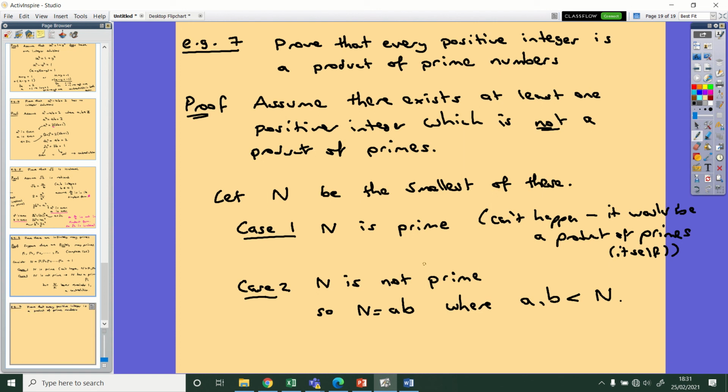Okay, so now let's think about what we can say about A and B. Well, A and B are smaller than N, and N is the first number you get to that doesn't have this property of being a product of primes. So that means that A and B themselves must be products of primes, because they are not big enough to be in this list up here.